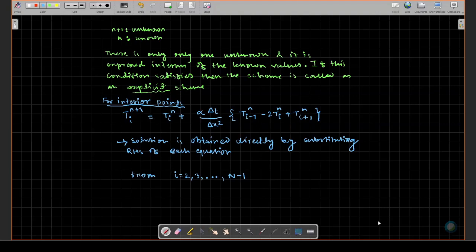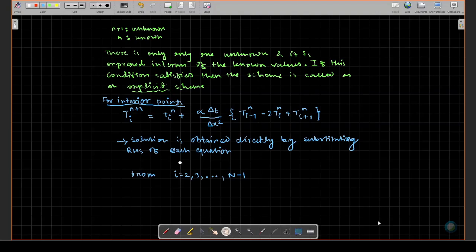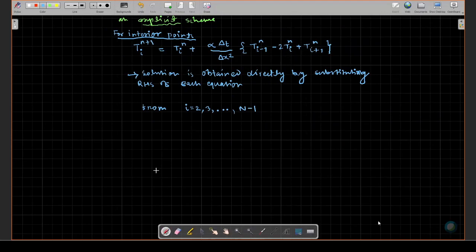This is an equation. Now we need a boundary condition also. So for the left boundary, what do we have? We have been given a condition, that is T1.